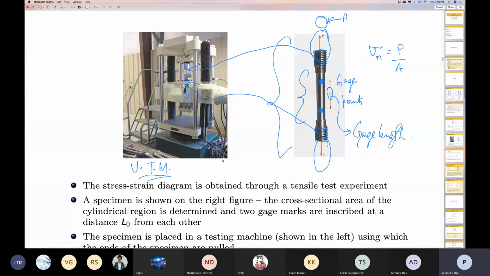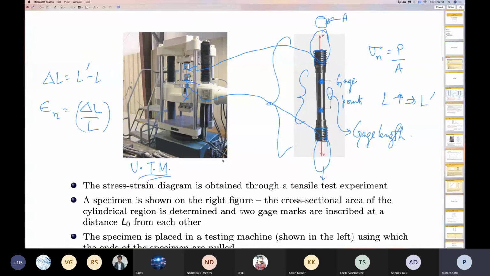Now, once I start applying the force, the length L changes. L is going to increase. So let L become L dash, so that my delta L is equal to L dash minus L, right? From this idea, I can compute the normal strain as delta L by L.